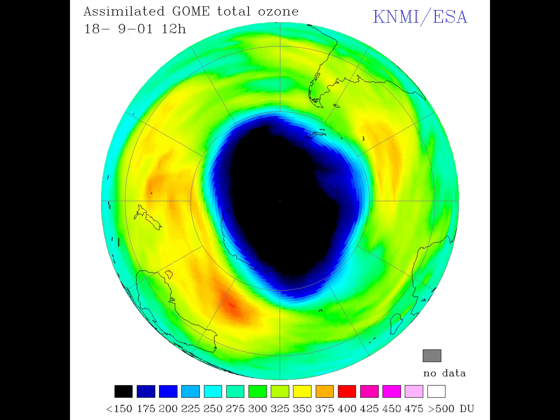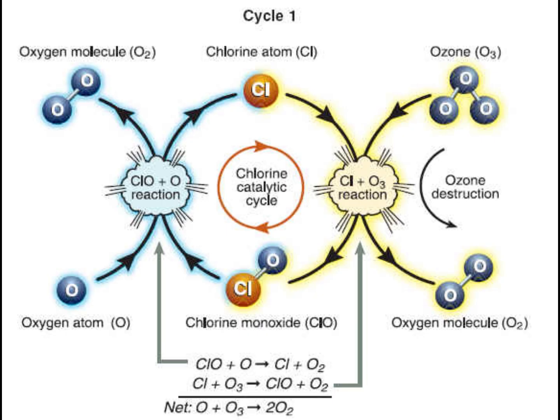The thinning turned out to be due to the destruction of ozone molecules by chlorine and bromine atoms from chlorofluorocarbons, which are CFCs. These CFC chemicals were widely used in refrigeration, aerosols, and other industrial applications. It turned out that the chlorine and also the bromine from these chemicals was facilitating thousands of conversions of ozone into oxygen.